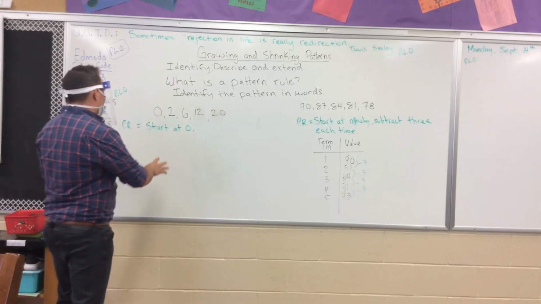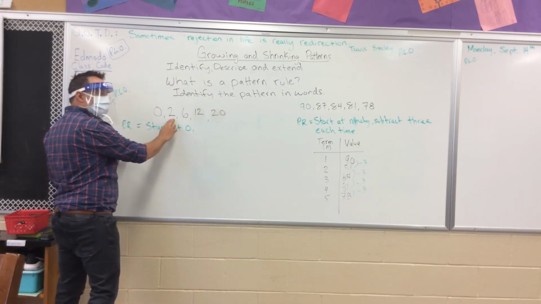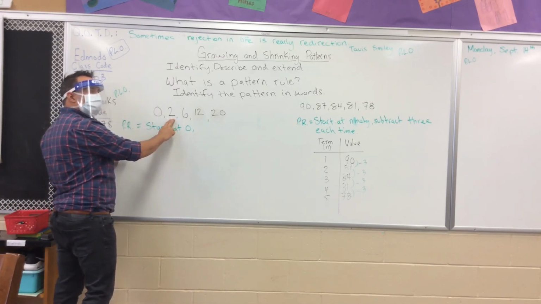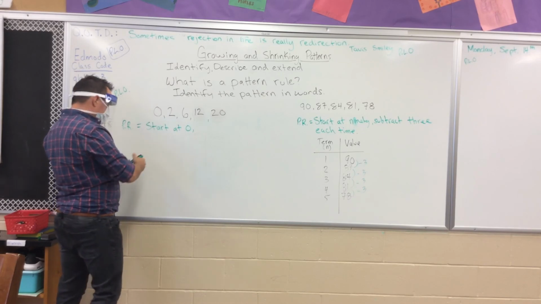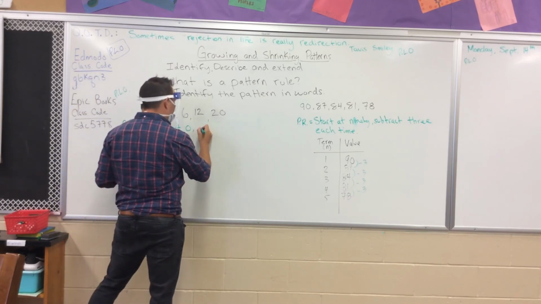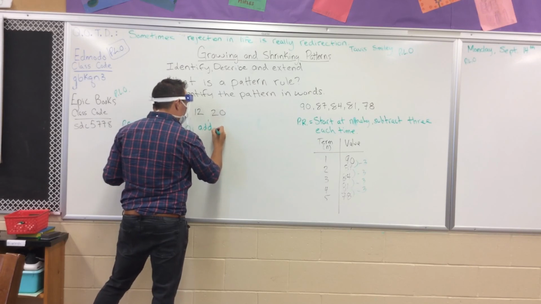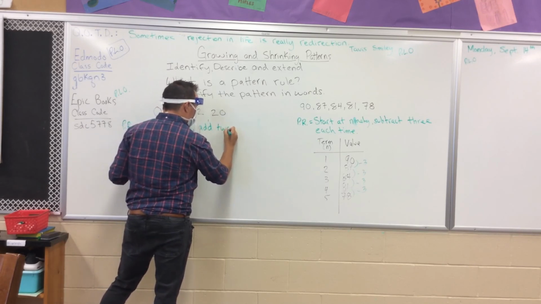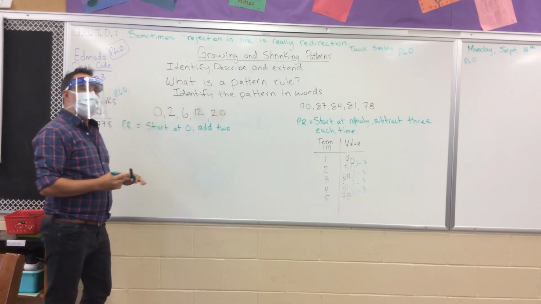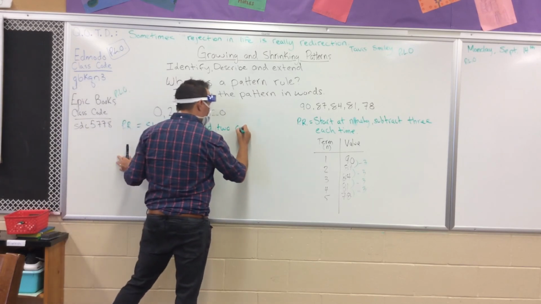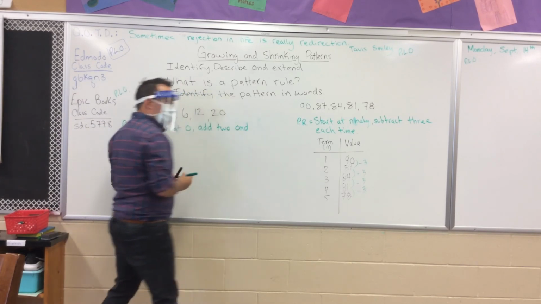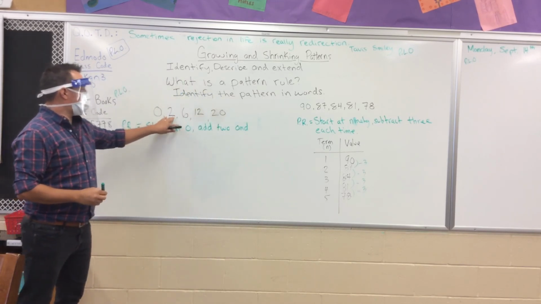Let's break it down a bit. So we start at 0. We know for this one we do what? How can we get to 2? So let's put that in there just for right now. Add 2. And how can we get from 2 to 6?